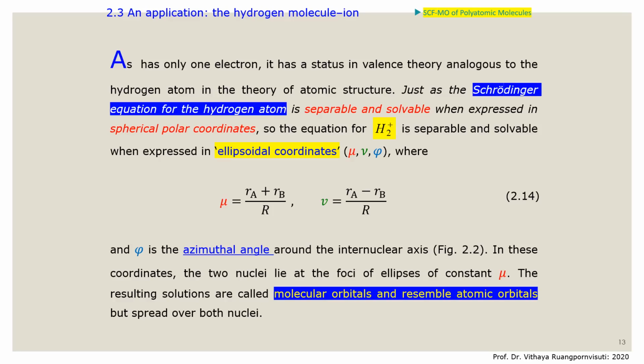These are denoted by mu, nu, and phi, where mu and nu are shown in equation 2.14.